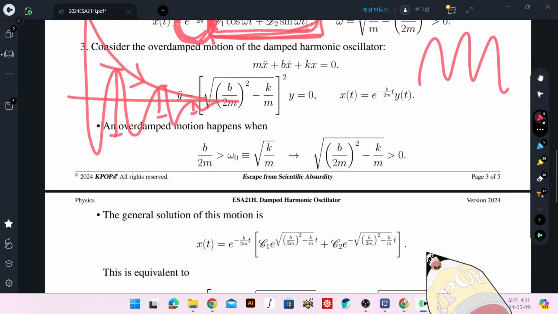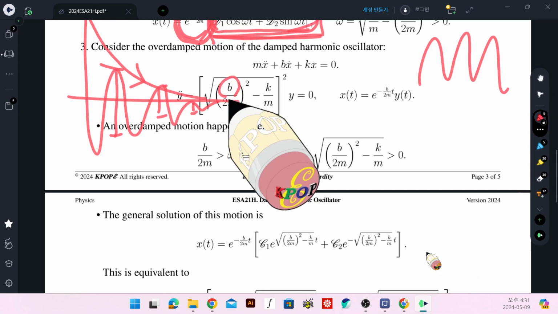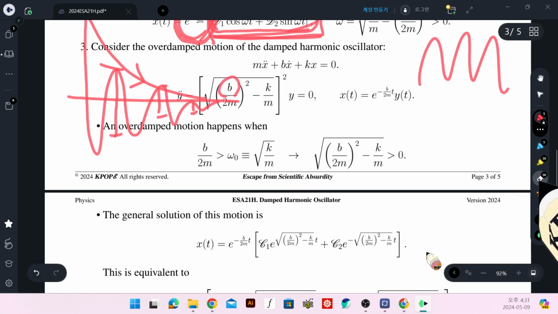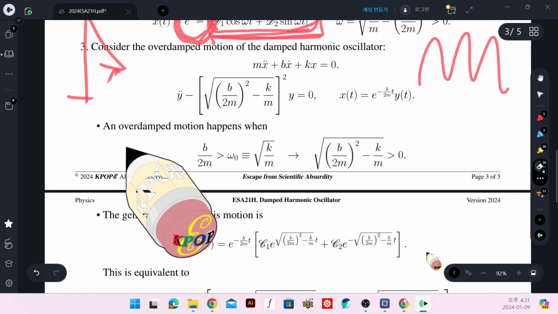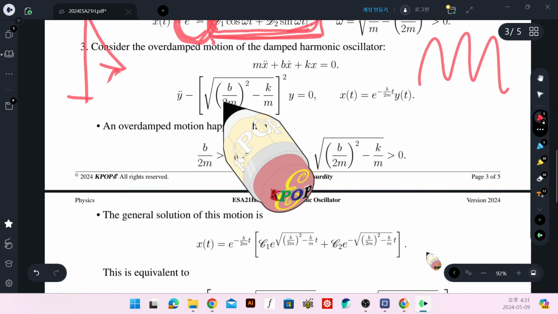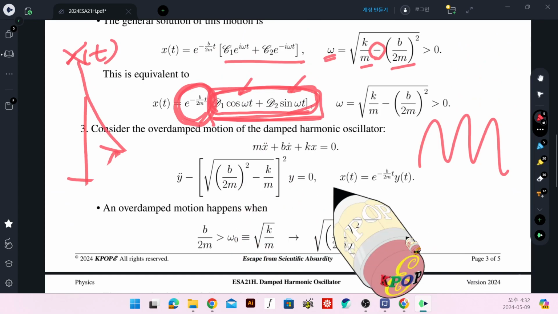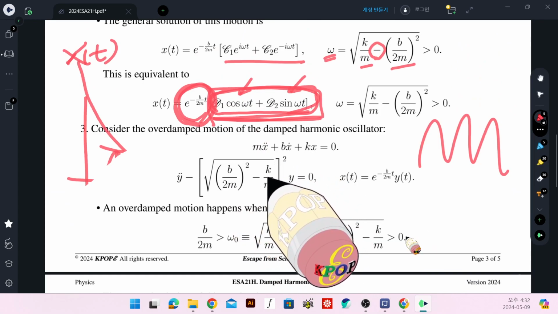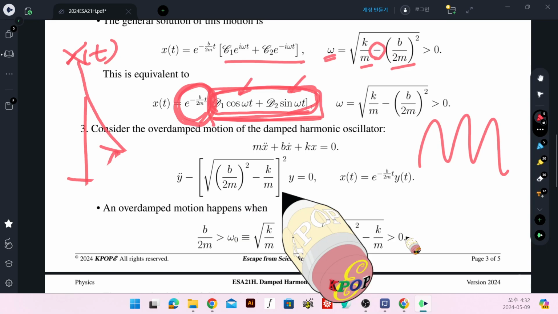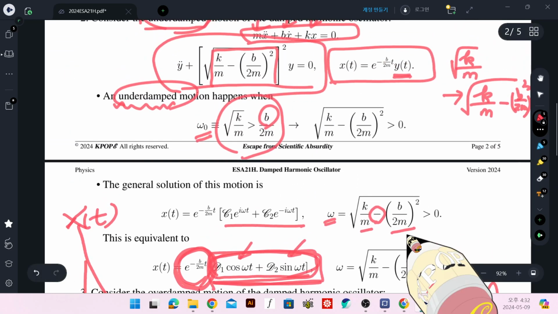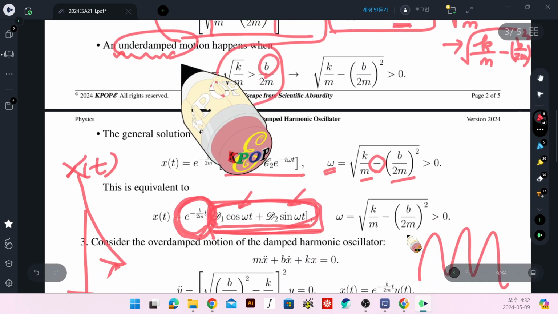Next, we consider the case when the damping coefficient is quite large. In that case, inside the square root, we have b over 2m squared subtracted by k over m, which is positive. The sign is flipped.